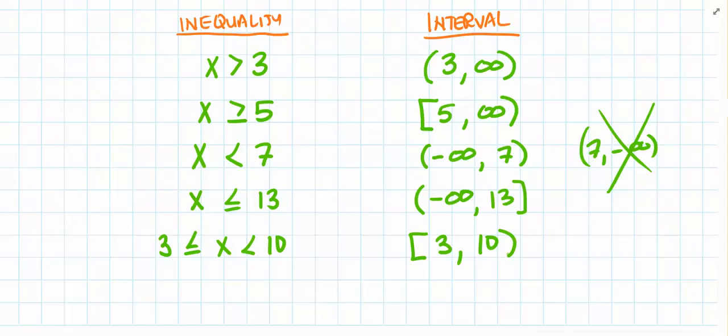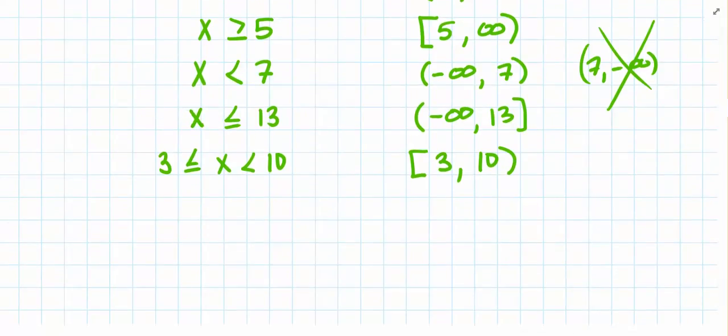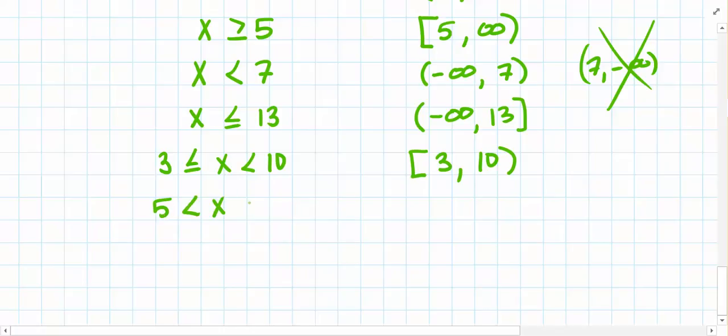What if I did this? What if I did 5 is strictly less than x, which is less than or equal to 20? Okay, that's an inequality. It's an and statement, so I would put a parenthesis, 5, comma, 20, bracket. So far, so good? Okay, now let's do the or statements, right?